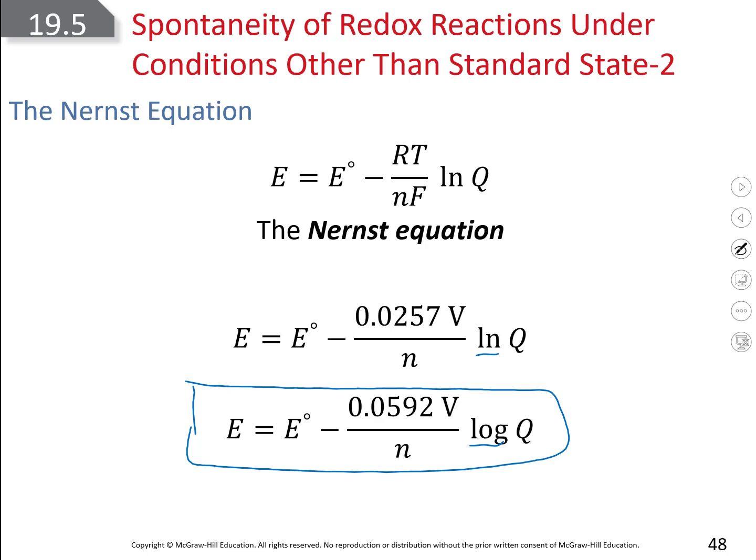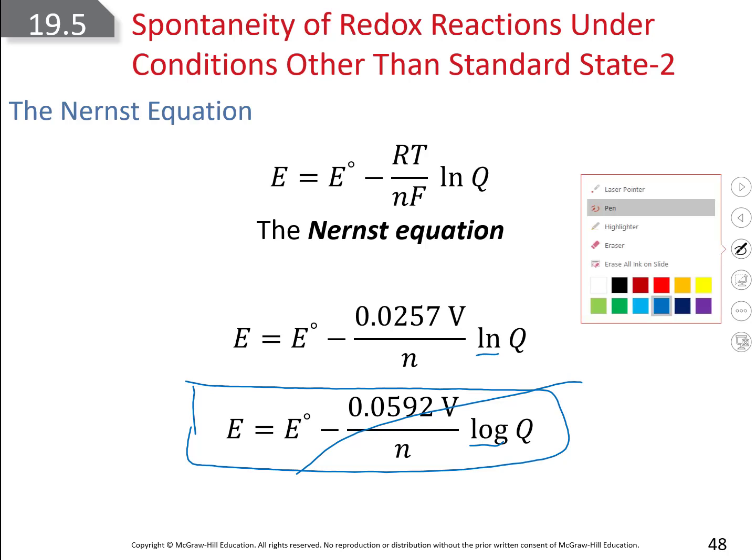If everything is 1 molar, and Q is the products over reactants, it's just 1. What's the log of 1? 0, which means that whole second term would go away, and E is just equal to E standard, right? So that is where this idea is coming from. If you are already 1 molar, you're already in standard state, so your E is E standard.